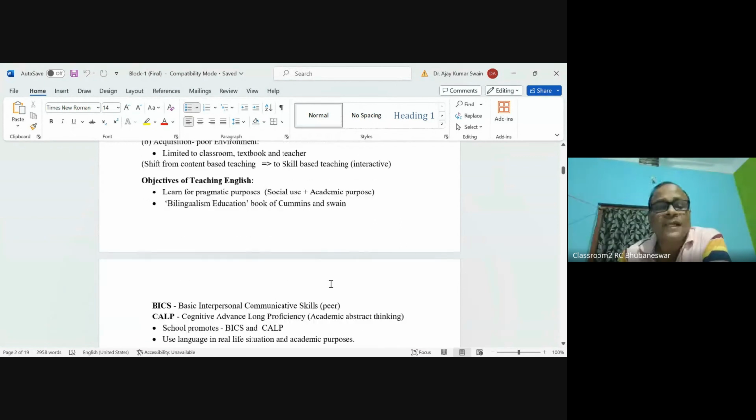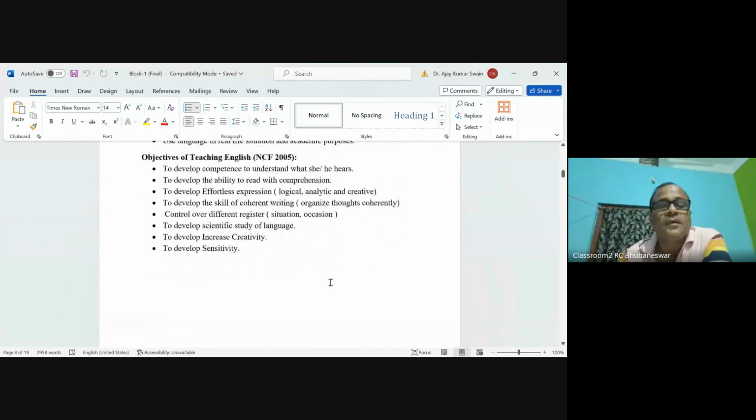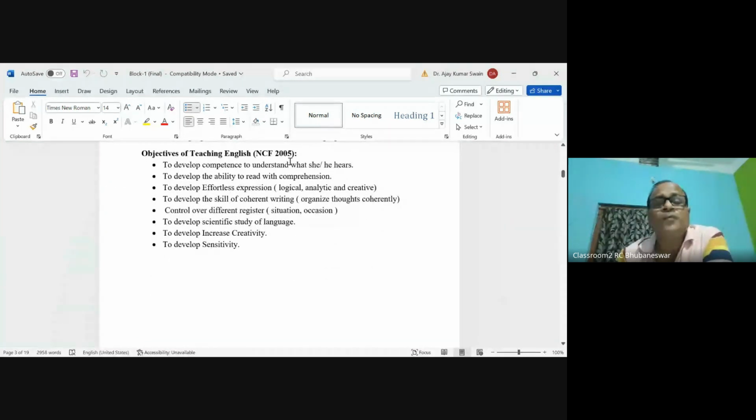Okay. So then NCF 2005 stated these objectives of teaching English. One is to develop competency to understand what the learners hear. What we say, the learners hear, they should be able to understand.